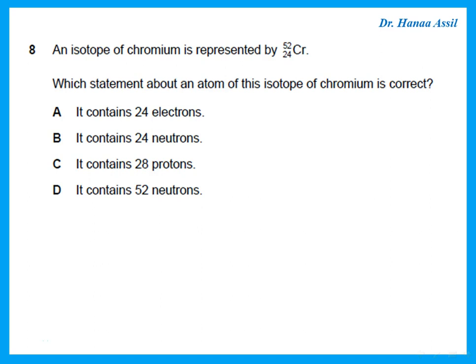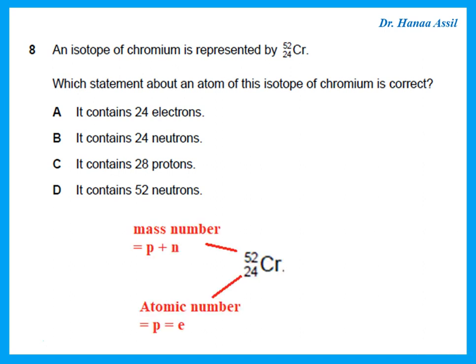An isotope of chromium is represented by this. Which statement about an atom of this isotope of chromium is correct? I want to remind you again, in the periodic table, each element has two numbers. The bigger one we say is the mass number, and that is the number of protons plus neutrons.